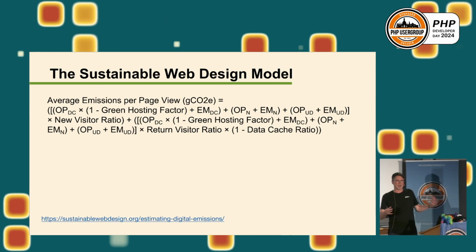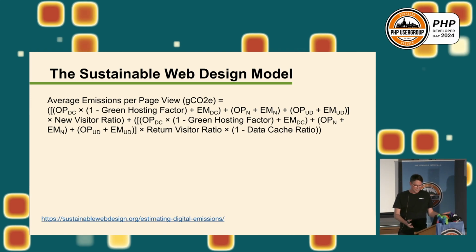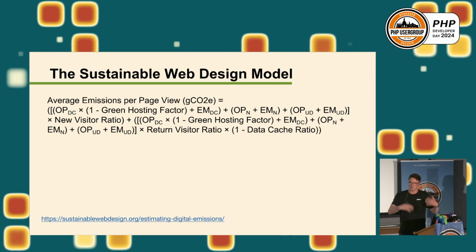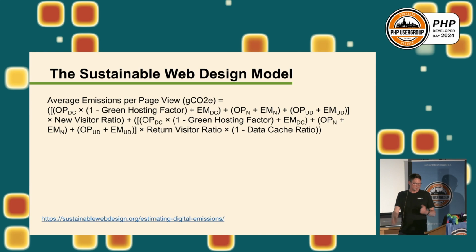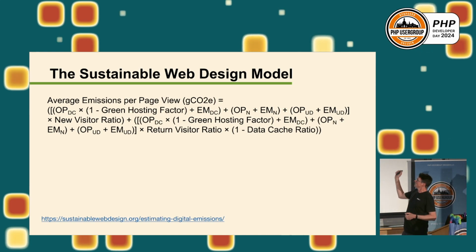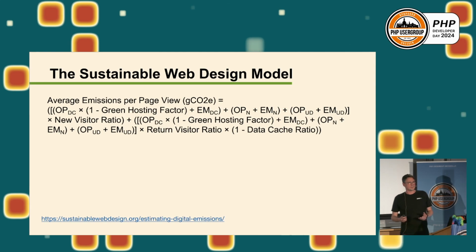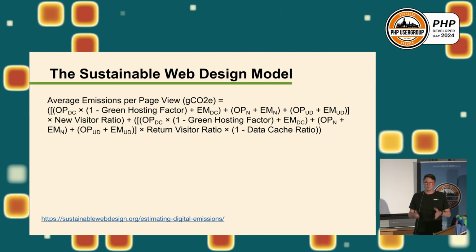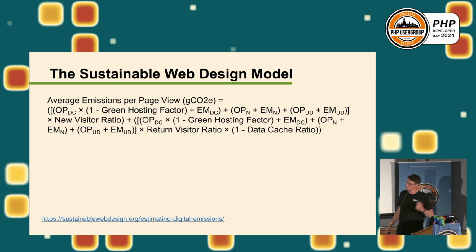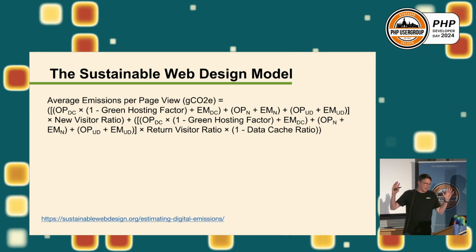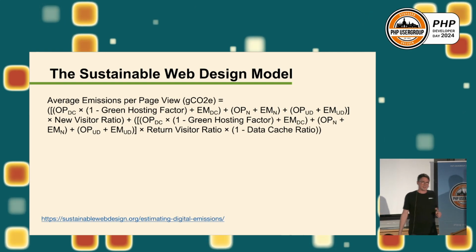This is the carbon which is already in this device just by producing it, right? So what has been emitted during the production phase. Then if this thing is hosted on a green hoster, there's a database which you can use to query and find out if your hosting is green, which is cool. Green means renewable energy and these kinds of things.